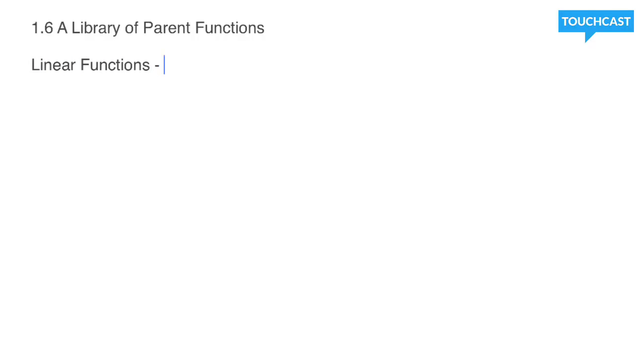Hello everyone, welcome to our lesson 1.6, a library of parent functions. The first parent function we're going to talk about are linear functions. All linear functions are representations of lines. That's it.